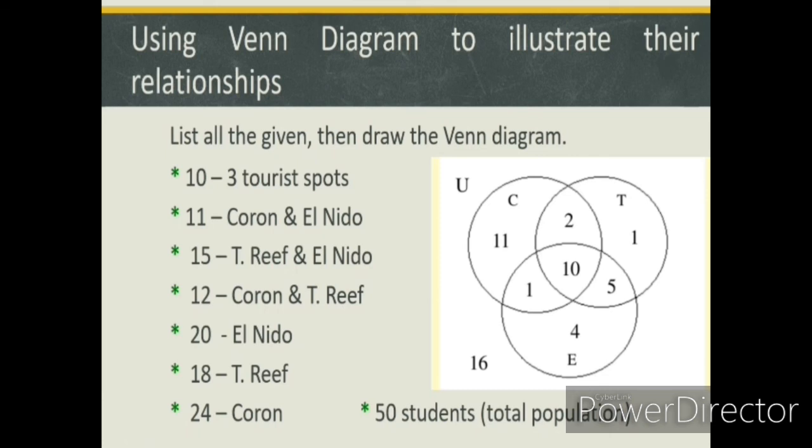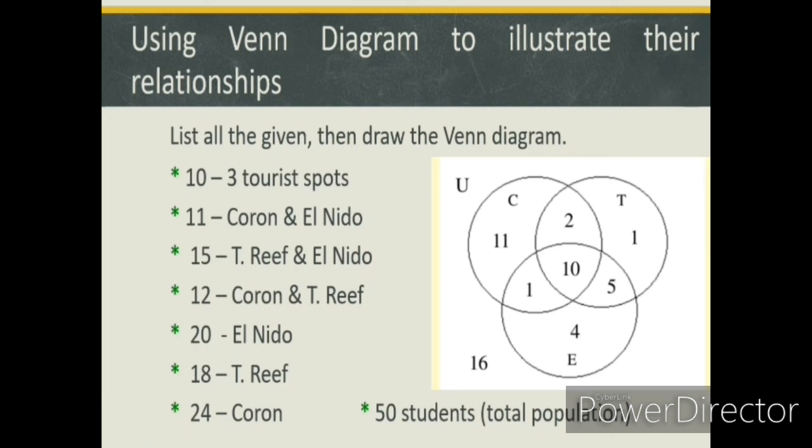Total population minus the total number inside the 3 circles. That would be 50 minus 34, equals 16. And that 16 is to be written in the universal set, because these are the students who did not go to the 3 tourist spots.